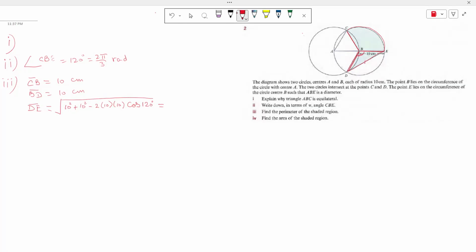When you do this calculation, it comes out to be 10 root 3. So I have 3 straight line distances.